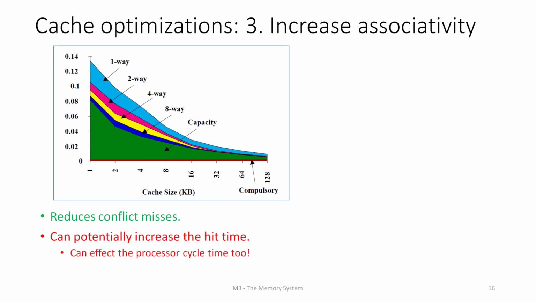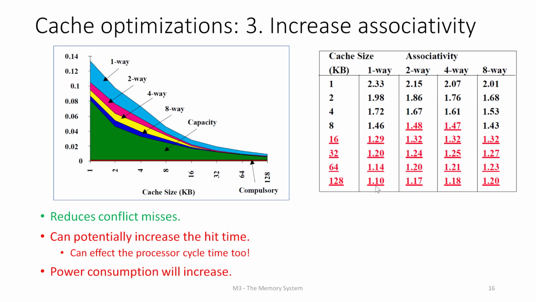Now, if we are very close to the processor, it means that let's say we have a high associative cache in L1, because we are directly interacting with the pipeline, it can impact the processor cycle time too. So we can't keep increasing the associativity. Also, because we are trying to access multiple ways in parallel, the power consumption will increase.